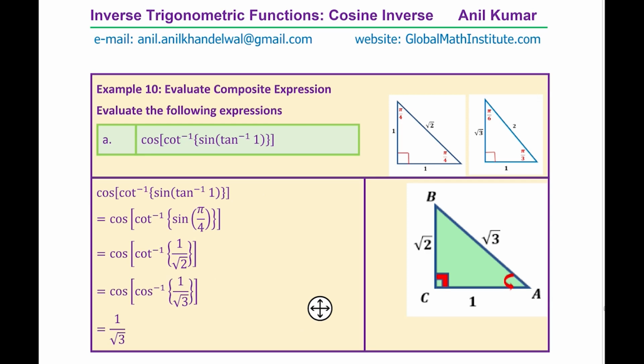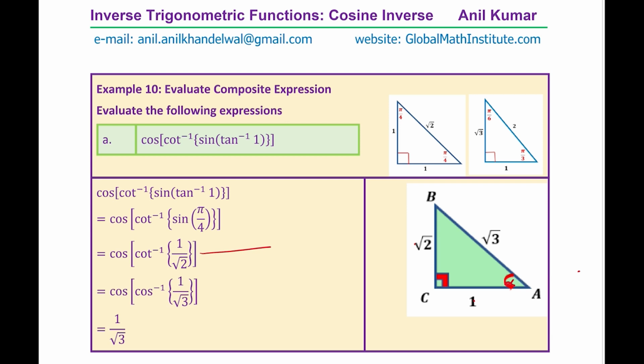Here is the solution in detail. As I explained, we'll start from inside out. Tan inverse of 1 is pi by 4. Sin pi by 4 is 1 over square root 2. So when it gets to cot inverse of 1 over square root 2, then what happens? We could also get into this particular triangle. So we say cot is 1 over, that means 1 over square root 2. So that is our angle alpha.